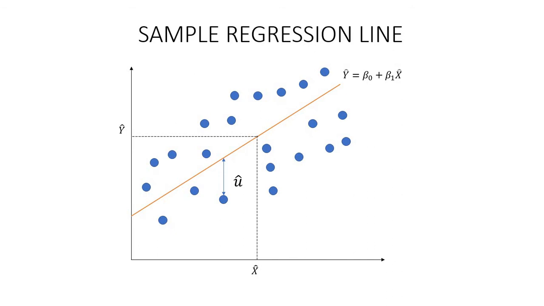On the vertical axis we have the dependent variable, on the horizontal axis we have the independent variable. y hat stands for the expected value of the dependent variable in the sample regression line, and it depends on the value of the independent variable. As you also remember, the distance between the empirically observed value of the dependent variable and the expected or predicted value of the dependent variable is denoted as the error term.